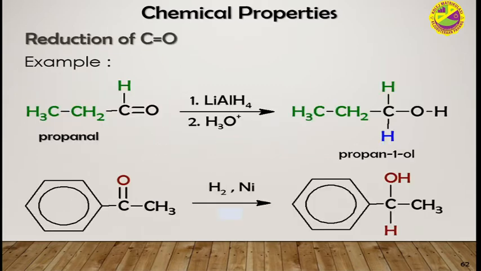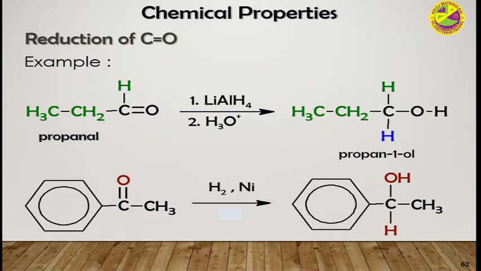Reduction of carbonyl. If we have a carbonyl compound undergo reduction with the reducing agents mentioned before, the carbonyl part will reduce into alcohol. The C double bond O is lost. The carbon will now attach to OH and another hydrogen.